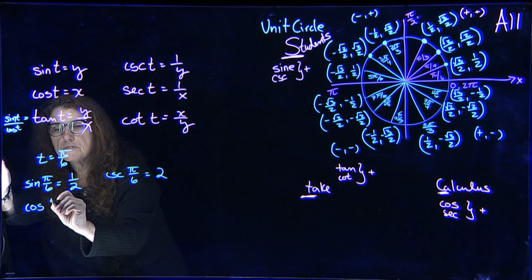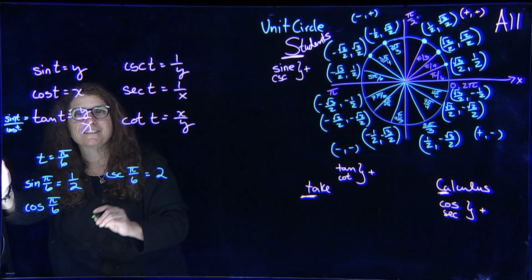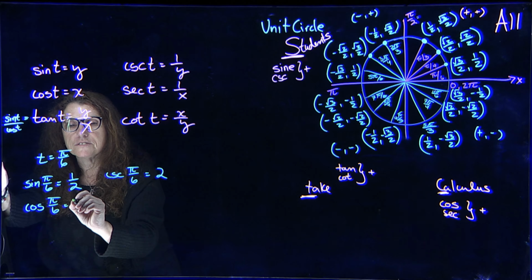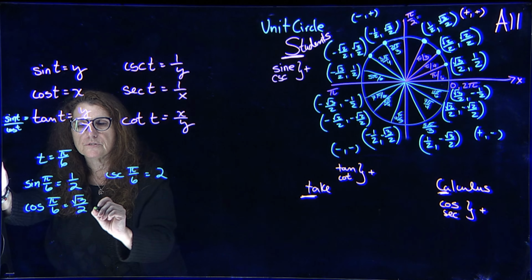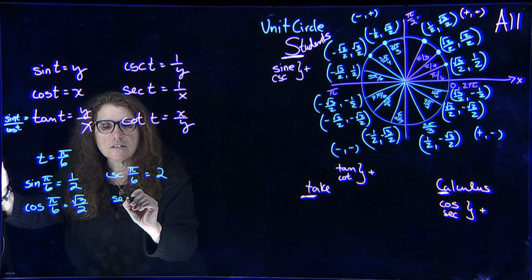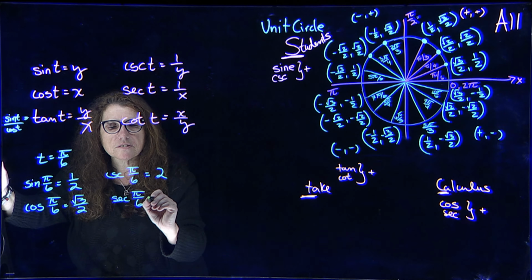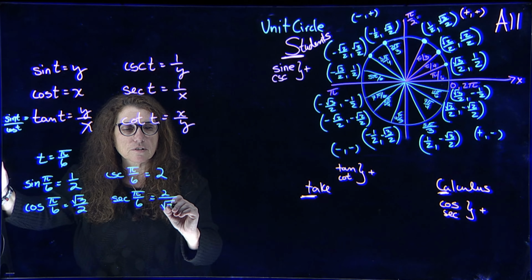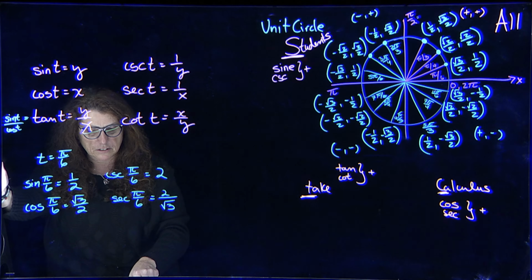Next one, the cosine of pi over 6 is the x-coordinate, and the x-coordinate is the square root of 3 over 2. The secant of pi over 6 is the reciprocal, which would make it 2 over square root of 3.